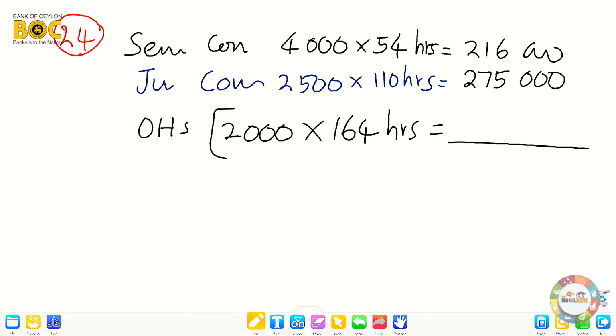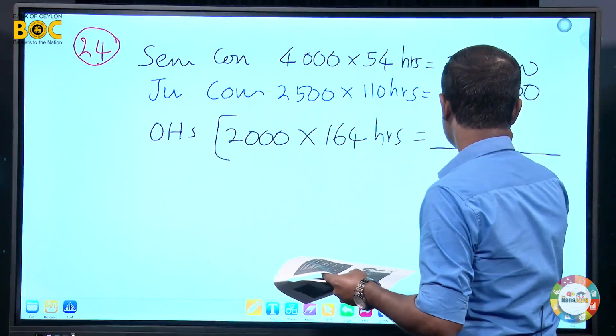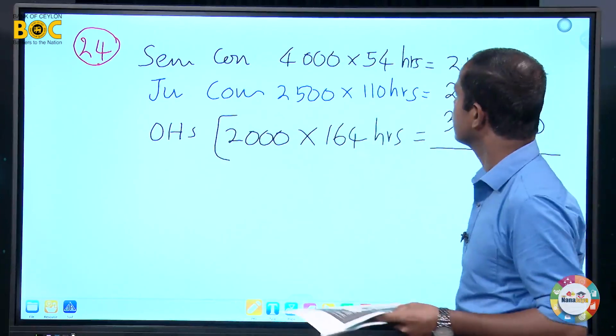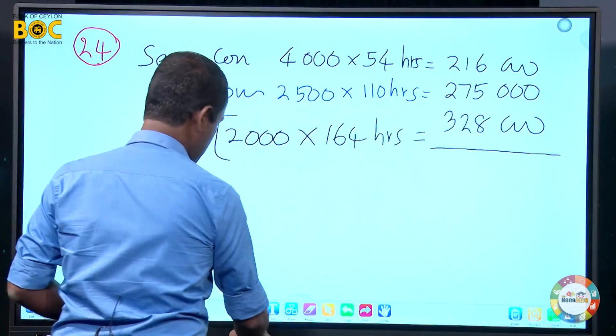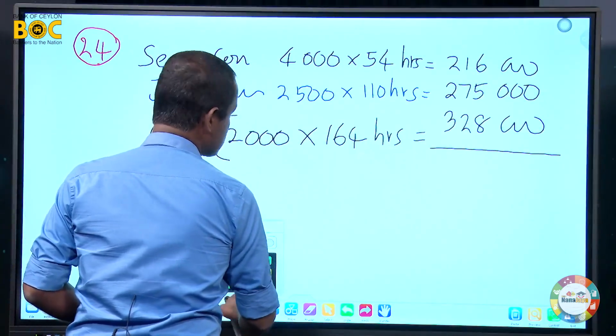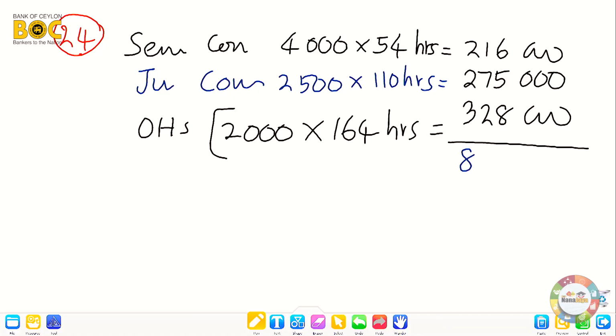The overhead 2,000 into 164, 328,000. The addition comes to 819,000.